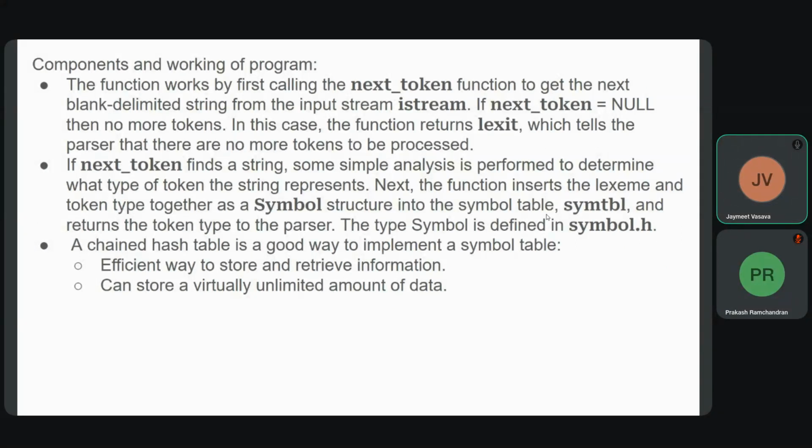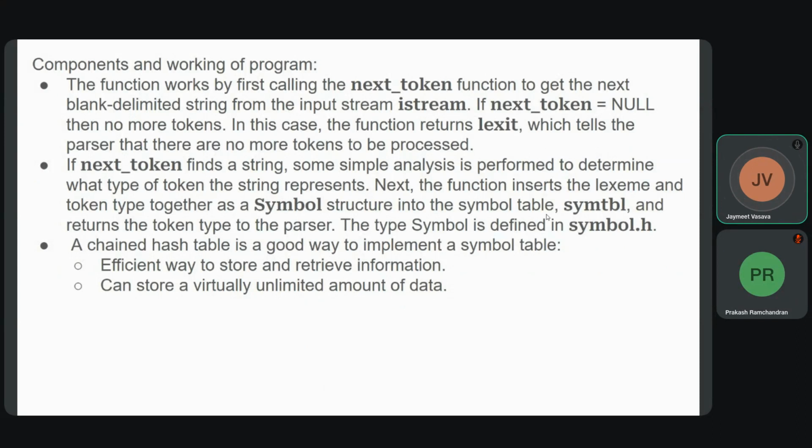If next token finds a string, some simple analysis is performed to determine what type of token the string represents. Next, the function inserts the lexeme and token type together as a symbol structure into the symbol table, and returns the token type to the parser.